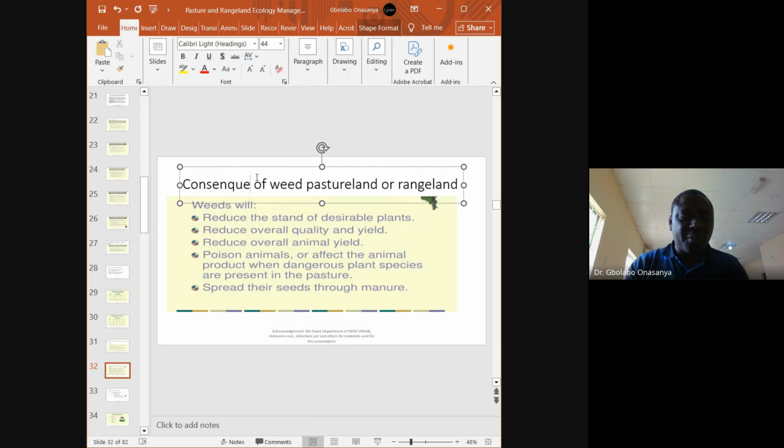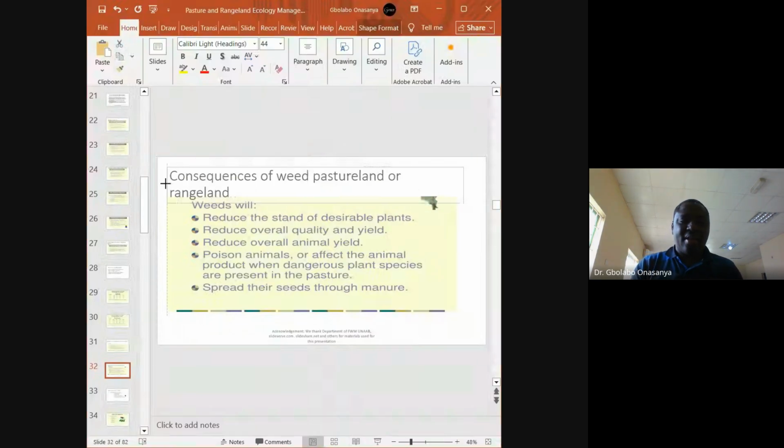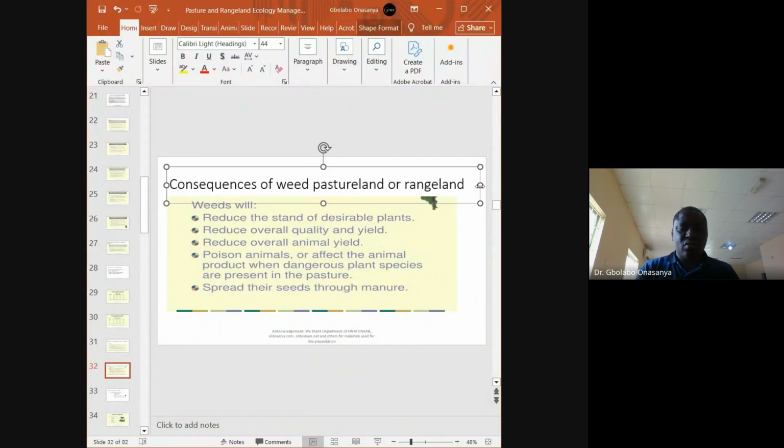Consequences of having weed on our grassland: it will impair forage growth. It will impair the quality of our forage. It will impair the yield of our forage.